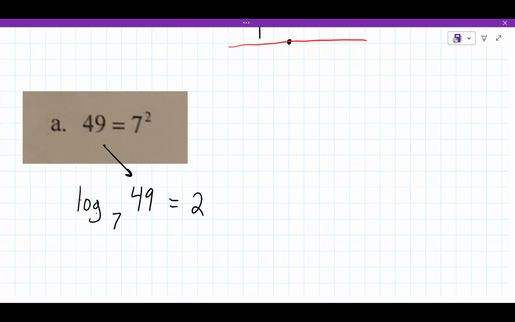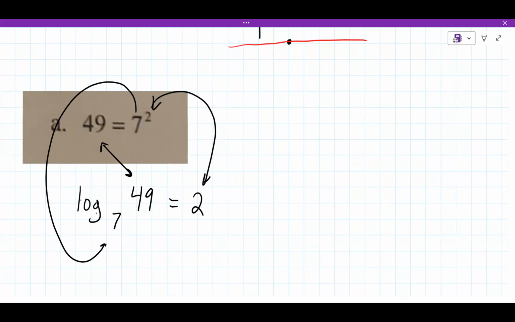So it's like the 49 goes there, the 7 comes around there, and the 2 goes there. Now the thing that's going to be helpful here is you actually can go backwards. If I give you a logarithmic expression, you can go backwards to the exponential one by doing exactly what I did in reverse here.